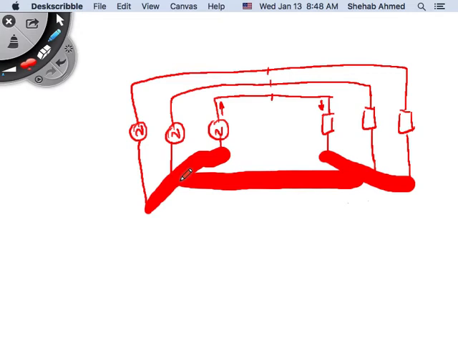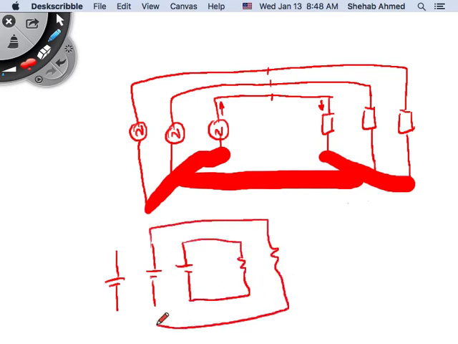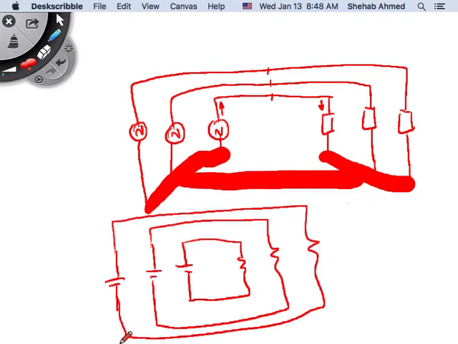Can you connect the negative terminals if you have 3 batteries in parallel? Each battery was feeding a resistive load. Can I connect all of these together here? You can, right? No problem.